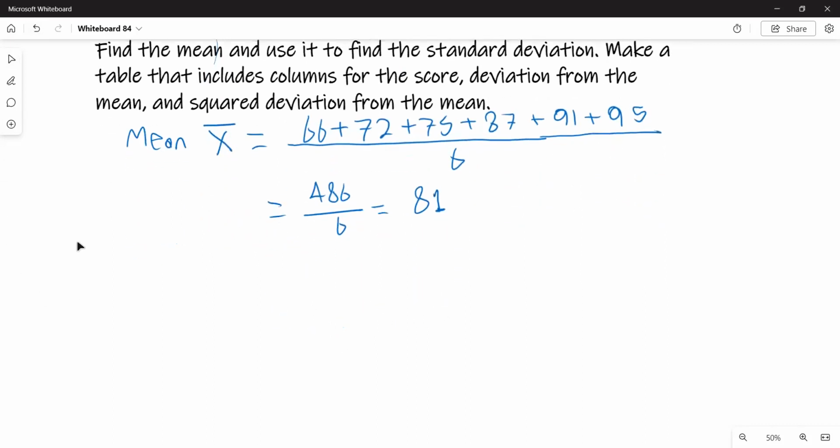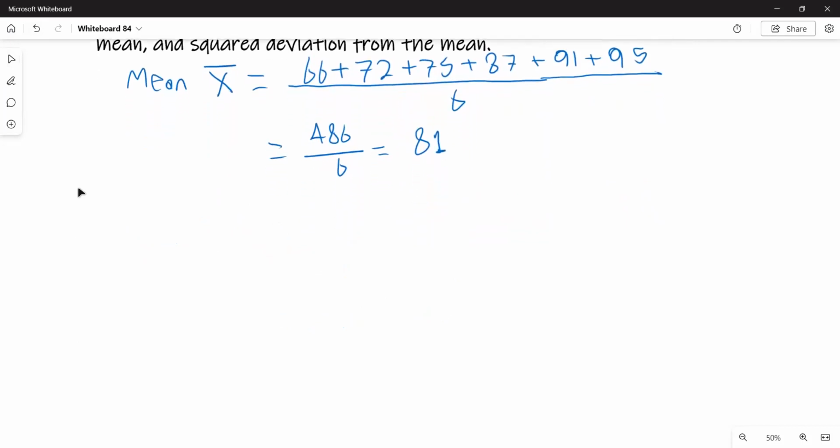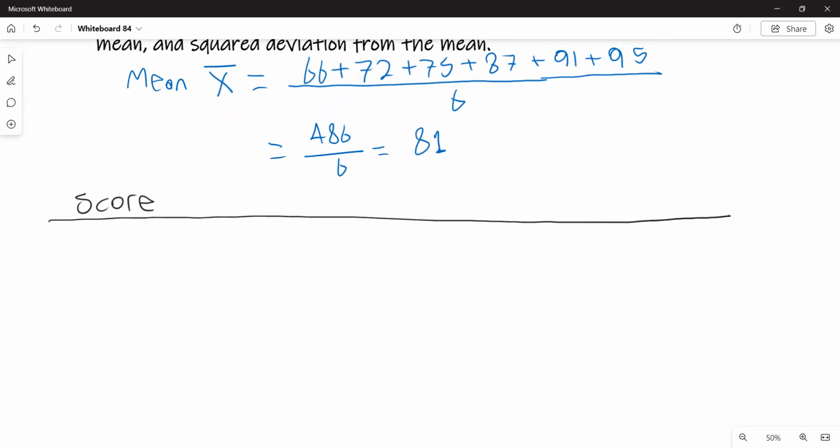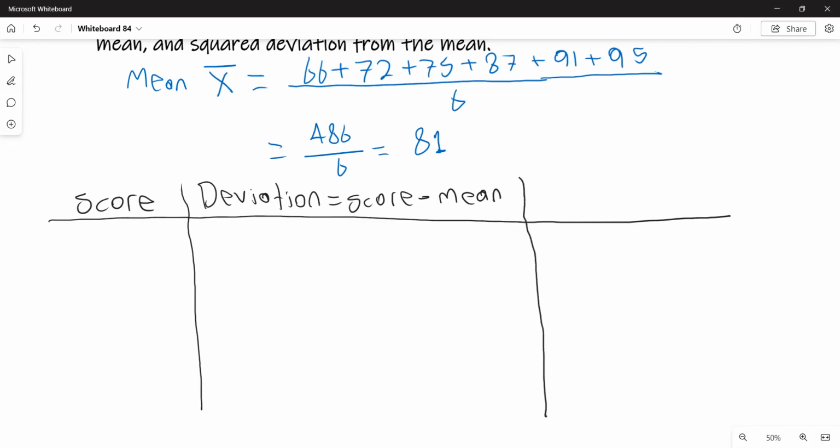And we are going to make a table to find the standard deviation. We're going to have columns for the score, the deviation, which is the score minus the mean, and the squared deviation. That is, whatever the deviation is, we're going to square it.